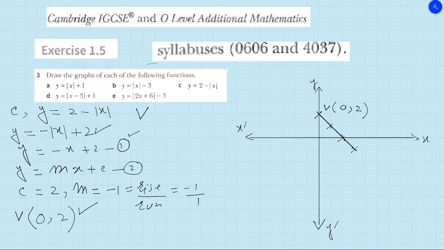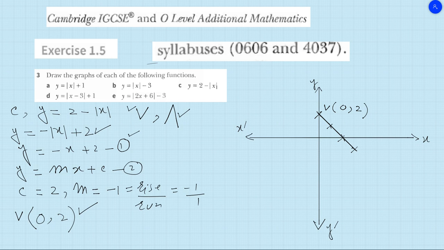One is the erect V and the other is the inward V. If the coefficient of the absolute valued function is negative, like in part C, then the graph is an inward V. And if the coefficient of the absolute valued function is positive, the graph is an erect V-shaped like this.